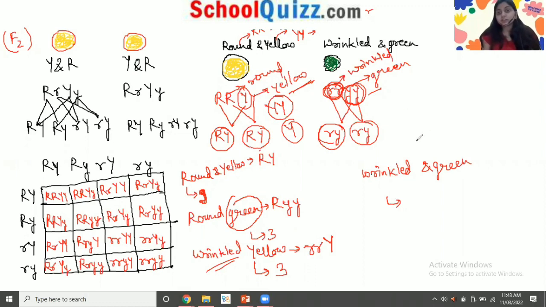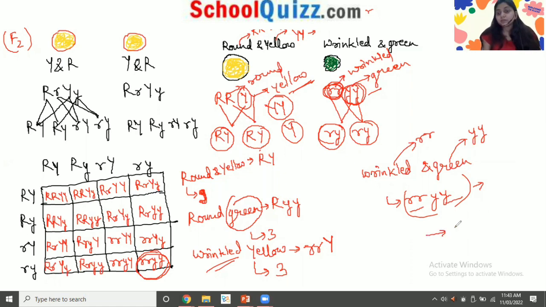So there should be, for the wrinkled, double r, and for the green, small double y. Why is it double? Because the recessive gene only works with the identical pair, so there should be double r and double y. So only this square, here you see, small double r and small double y will be found.